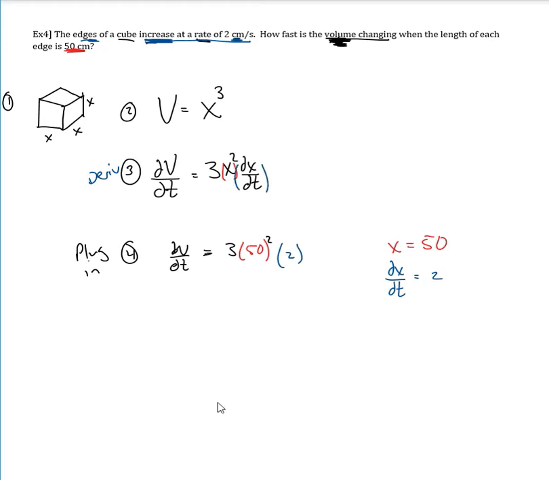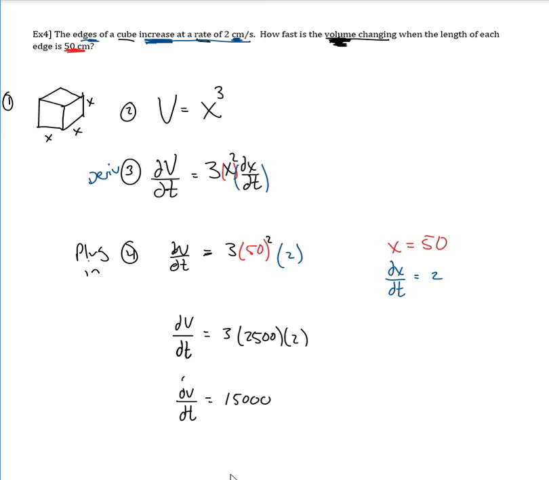And then now it's looking real good, and we'll just wrap it up. dv dt is 3. 50 squared would be 2,500, and then times 2, and let's just multiply all that. That gives us dv dt equals. All right, so this looks like it'd be 15,000. Okay, so we have 5,000 times 3. Yeah, 15,000.